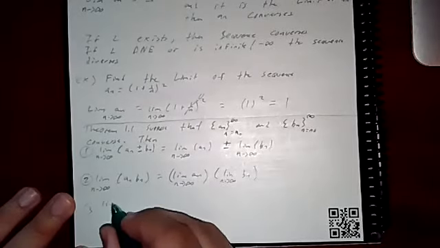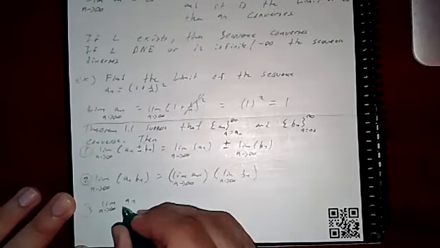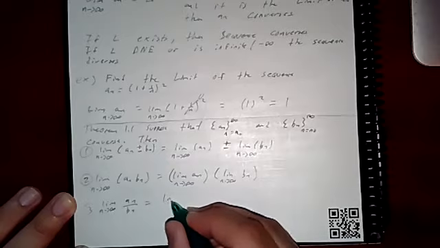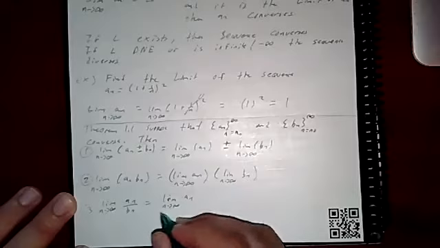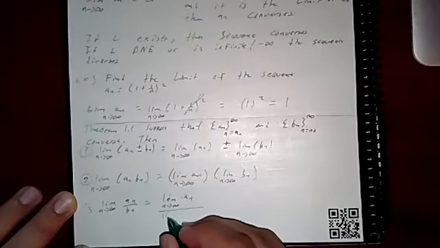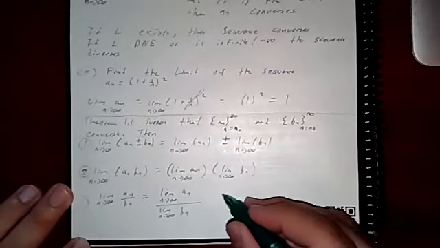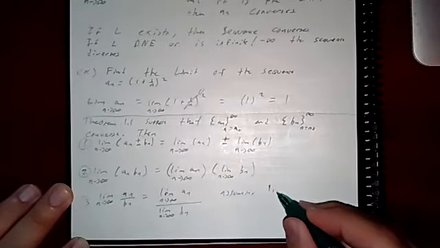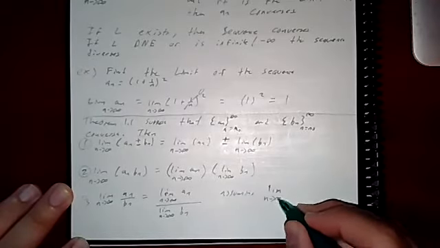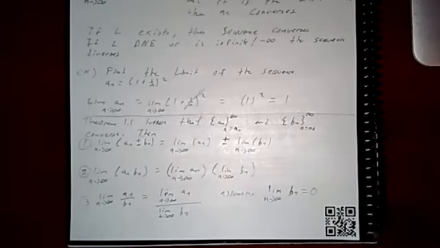If you have a limit of a quotient, where the quotient is a sub n over b sub n, you can separate them and take the limit separately, assuming that the limit of b sub n is not 0.